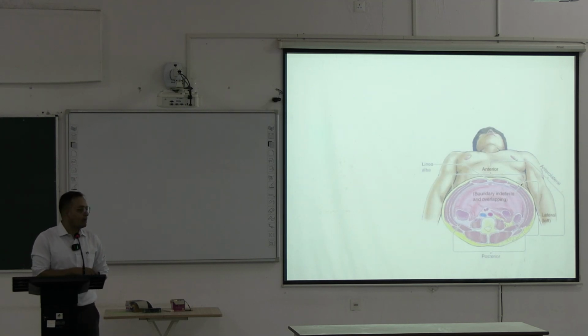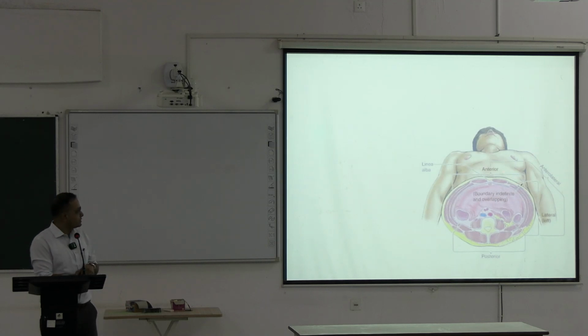The cavity of the abdomen is lined by the inner layer of the peritoneum, so roughly we can say that the abdominal cavity and the peritoneal cavity are the same.